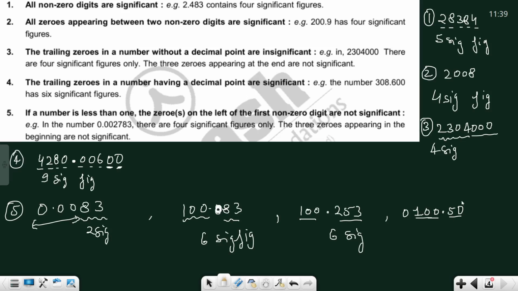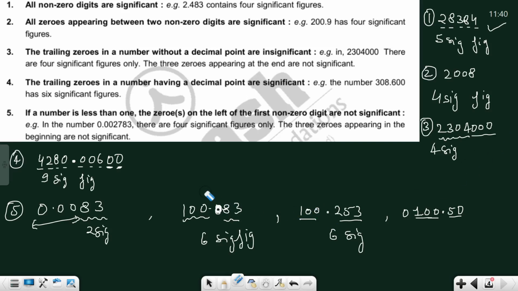Okay. So the first rule is all non-zero digits are significant figures. Example is this. Second rule, if zero is appearing between two non-zero digits, it will be counted as significant figures. Rule number three, if zeros are trailing without the decimal point, then they won't be counted in the significant figures.